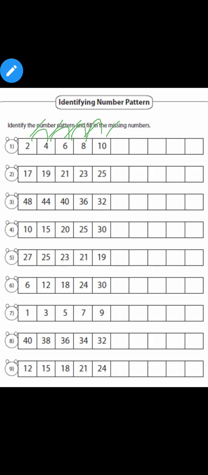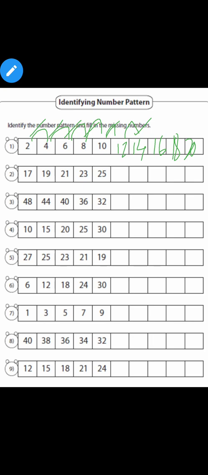So we are adding 2 each time. The next numbers will be 12, 14, 16, 18, 20. So this is called a pattern. It is increasing by 2 each time.